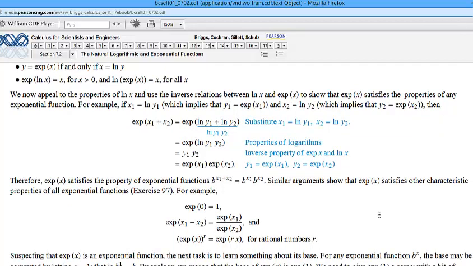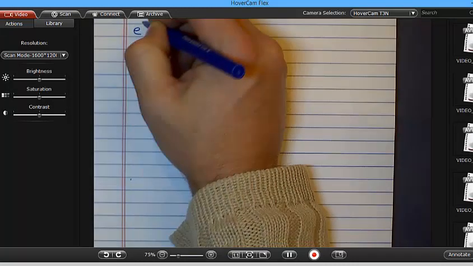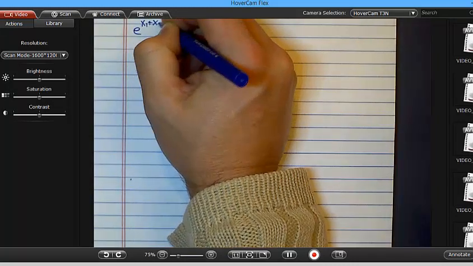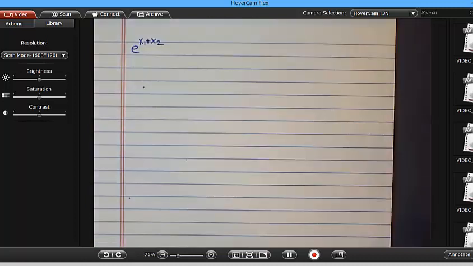They say, okay, suppose you have e to the x1 plus x2. And they say, what would that equal?